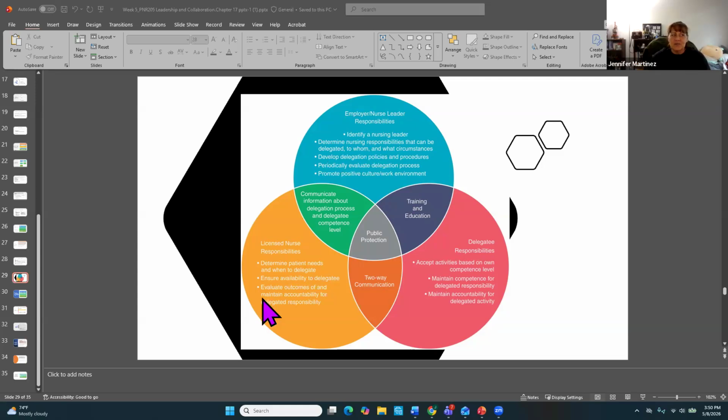The LPN's responsibility: determine patient needs, when to delegate, ensure availability to delegate, and evaluate outcomes. Then the delegatee responsibilities, or who you are delegating to: they accept the activities based on their competence levels, they maintain competence for the delegated responsibility, and they maintain accountability. You can see how they all interplay together.